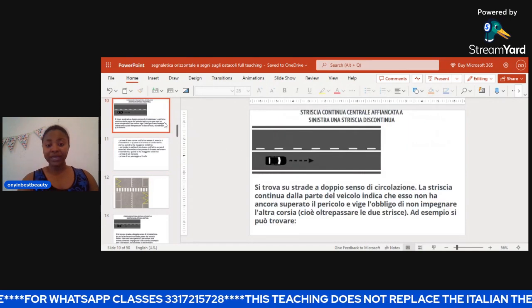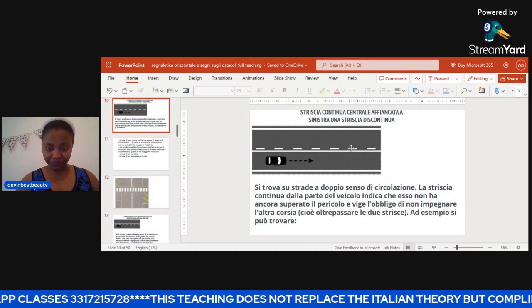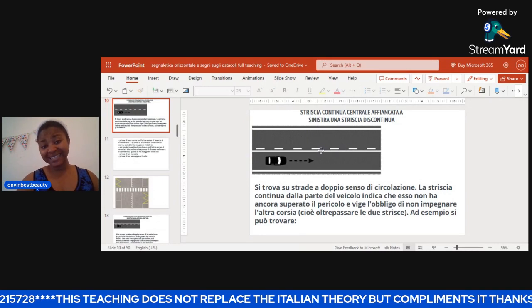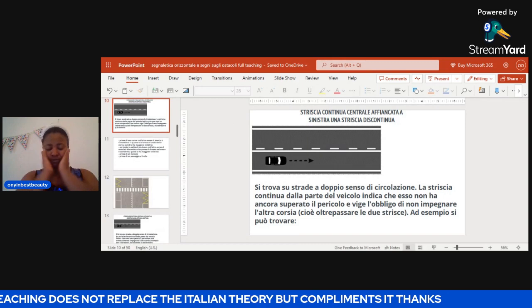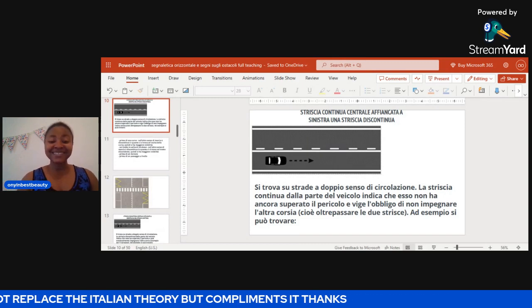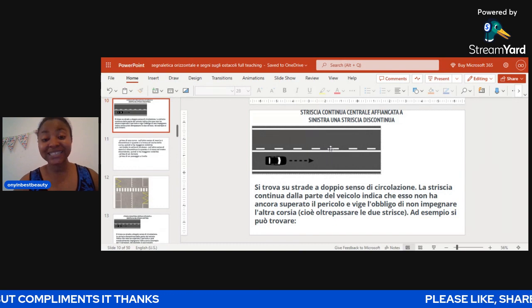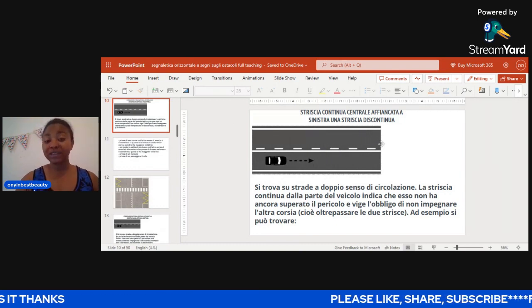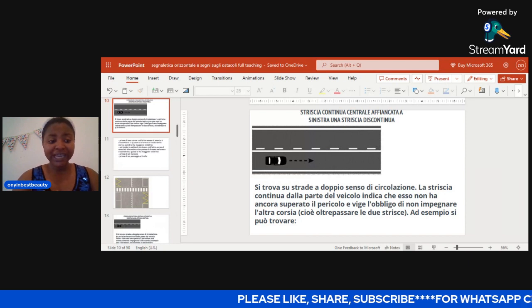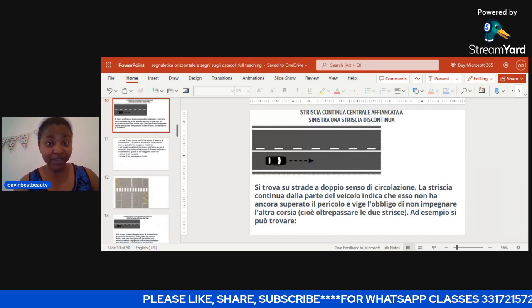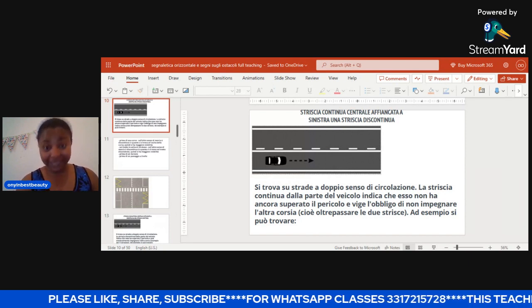Now, we are dealing with the discontinuous line. Okay, the discontinuous line tells them, people will come from here. When you see those on a hill, it is telling them, you're welcome, ladies and gentlemen.